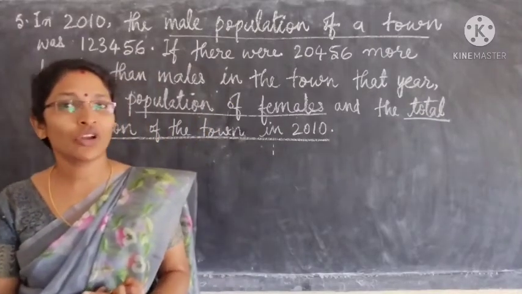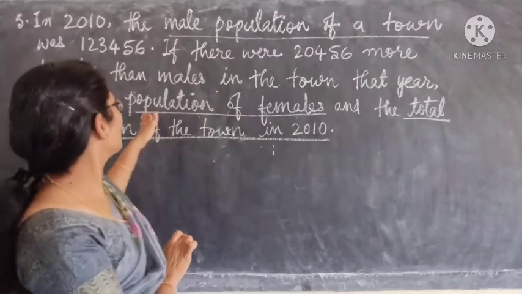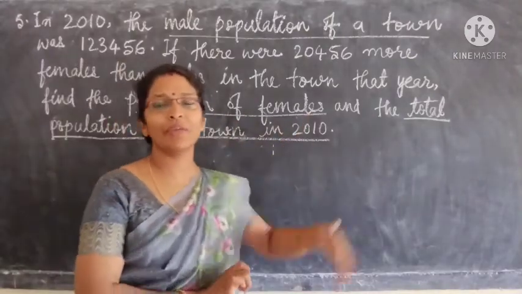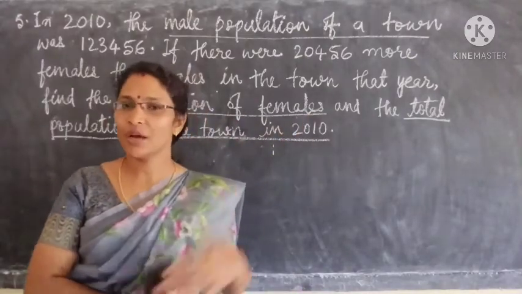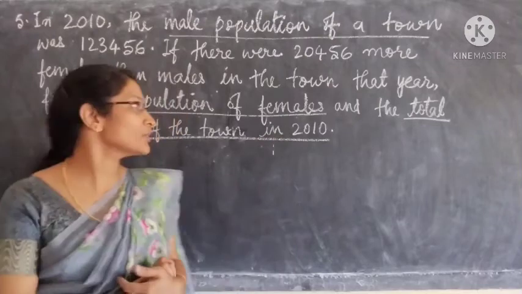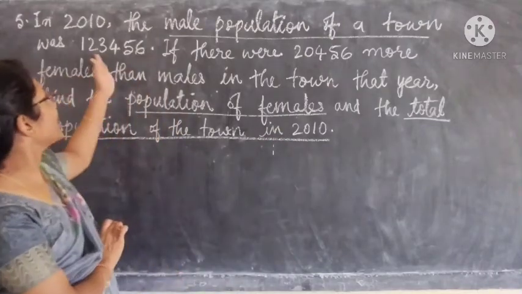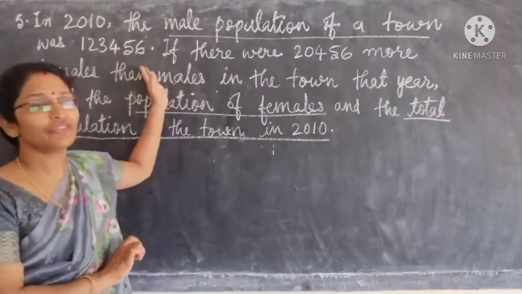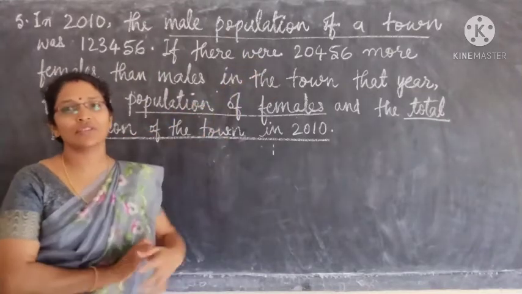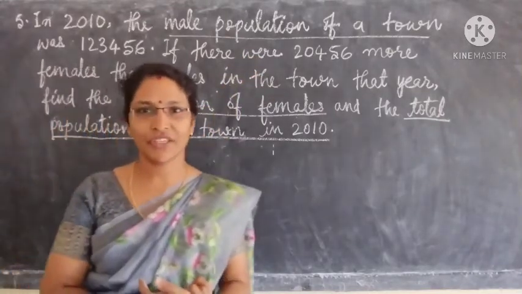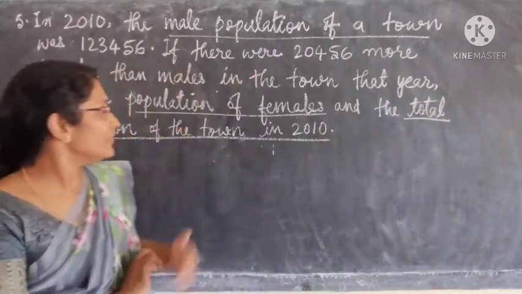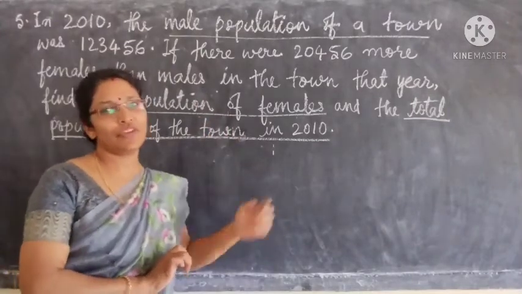Then, therefore, we are going to get the total population of females. Therefore, population of females is equal to 1,23,456 plus 20,456. Okay, then we get the population of females.